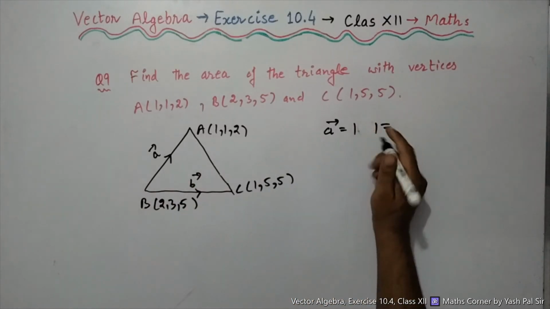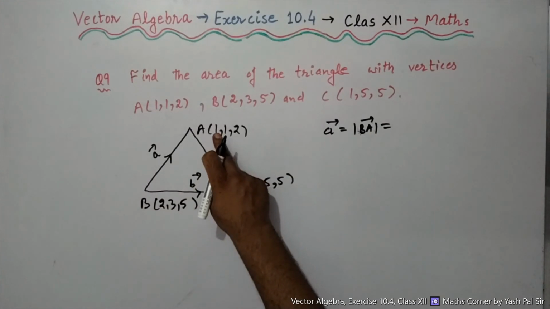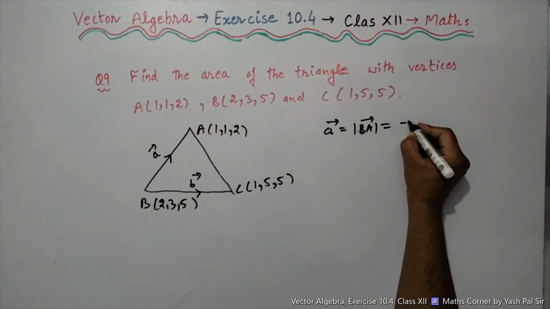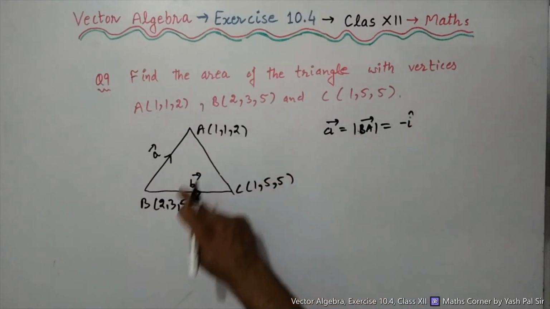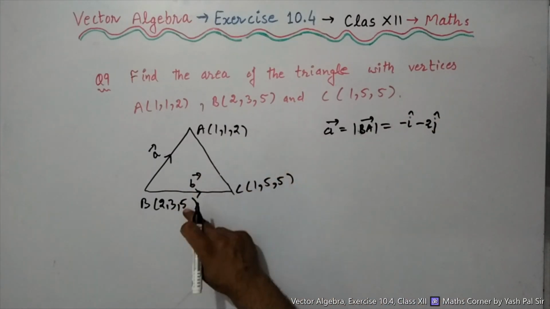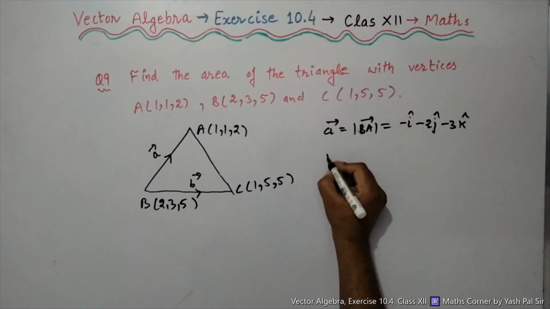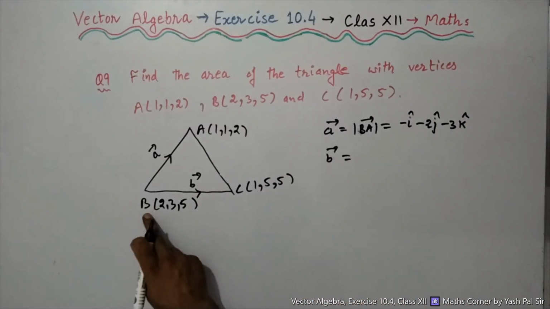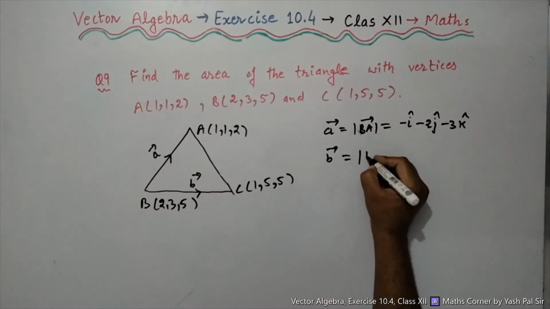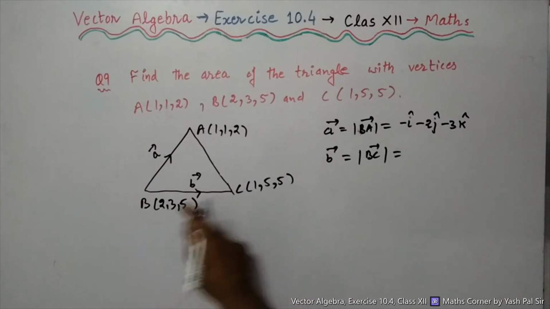BA. So this becomes (1 minus 2) that is minus i, (1 minus 3) that is minus 2j, (2 minus 5) that is minus 3k. Likewise vector B is equal to BC.